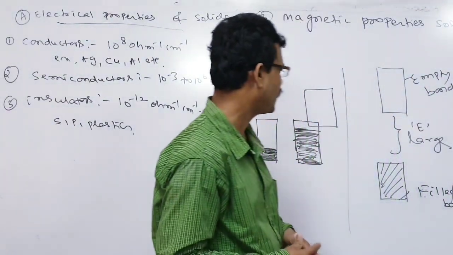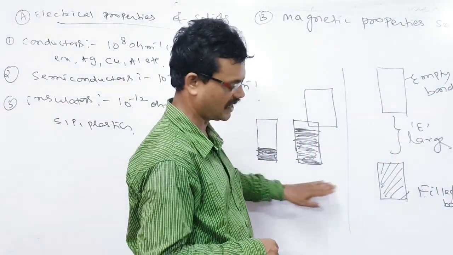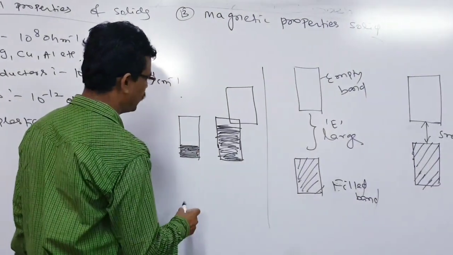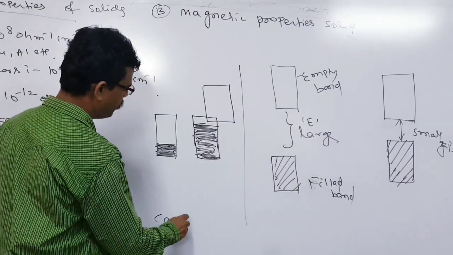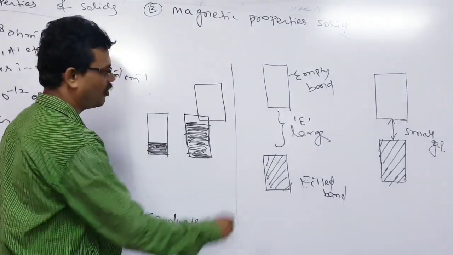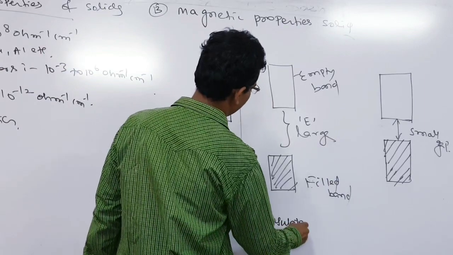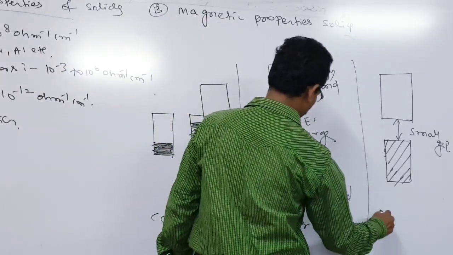Let us look here. I have these three diagrams: this is the case involving conductors, this is the case involving insulators, and this is the case involving semiconductors.